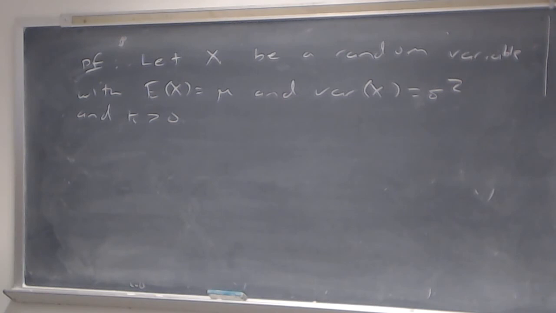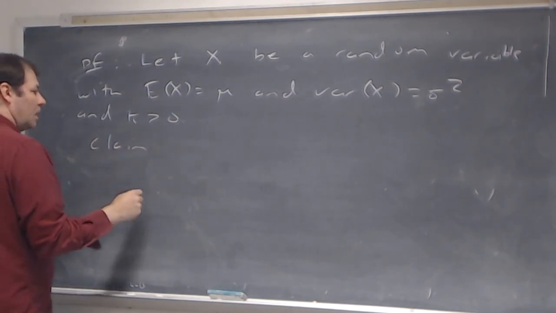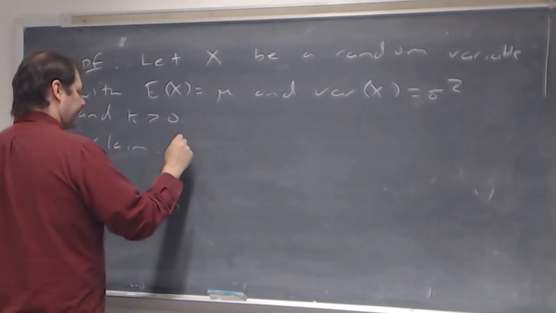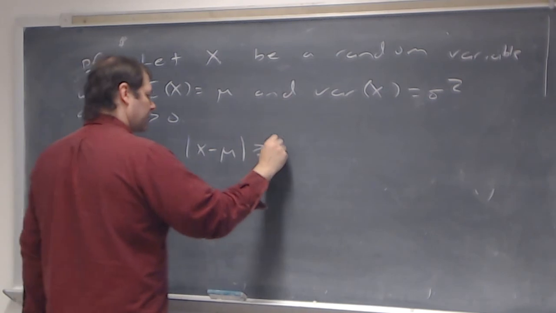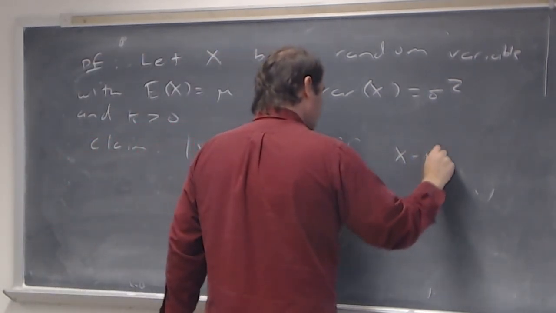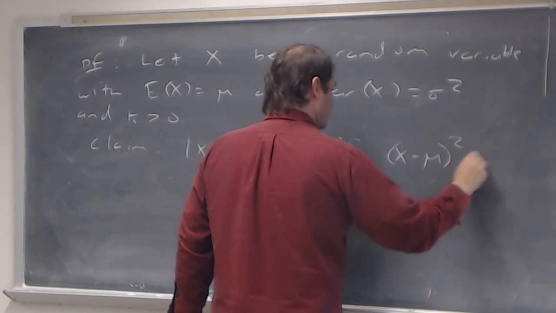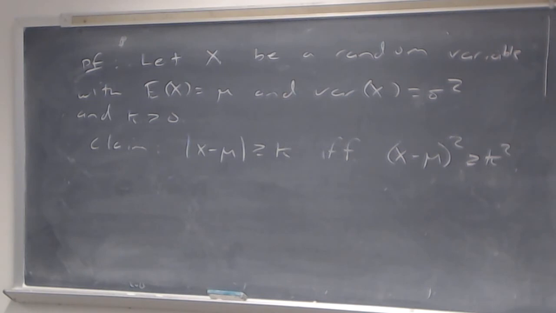Okay. Now, the first thing I'm going to do is a claim. And the claim is that the absolute value of x minus mu is greater than or equal to k if and only if (x minus mu) squared is greater than or equal to k squared. Okay, let's prove this claim.